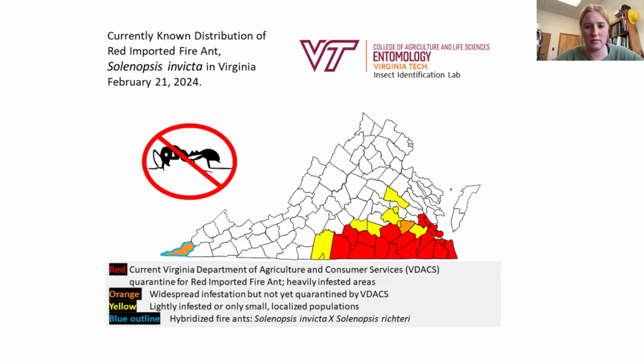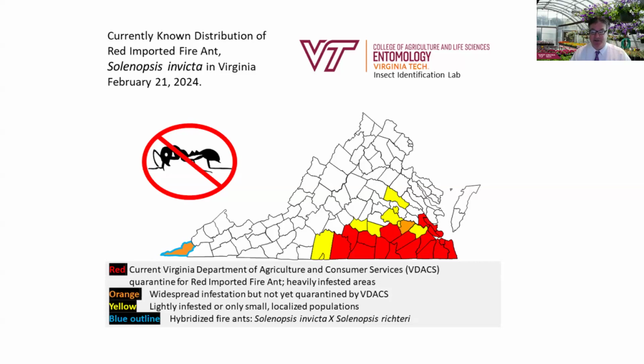So here is the current distribution map. You can see that it's spread quite a bit from that one that you had in 2022. You did mention all the way down here in the southwest part of the state, that did come in from Kentucky, and it is hybridized fire ants.